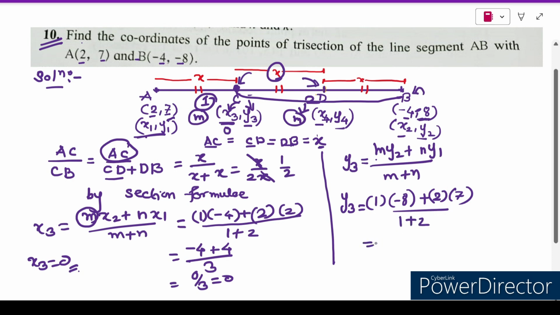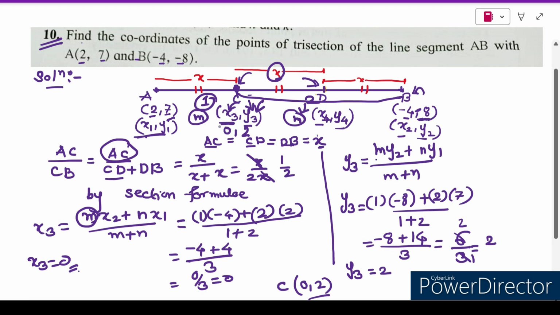That is 1 into 8, that is 8, plus 2 into 7, that is 14, divided by 3, which is 8 plus 14 ... divided by 3. We get the value of y3 equals 2, the y coordinate of C. Therefore we get the coordinates of C as (0, 2).